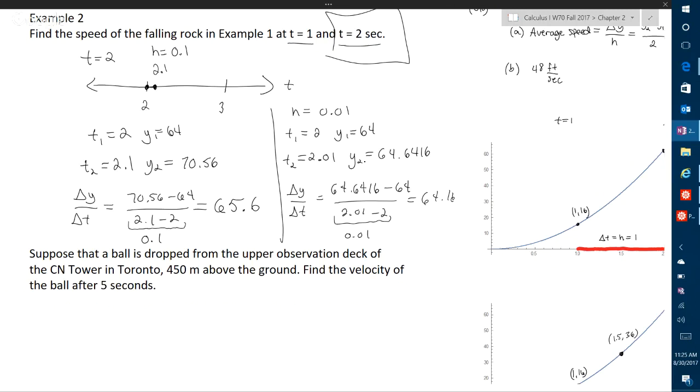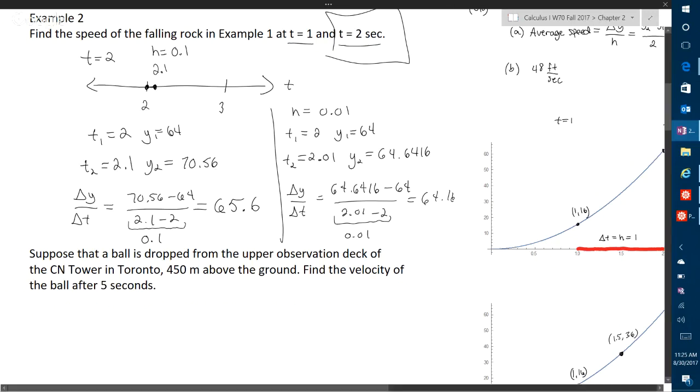Oh, and I'm being a little lazy here. There are units here, right? They're feet per second. Because I'm getting so excited during the problem, I just forget about feet per second. Let's do one more iteration, one for 0.001.